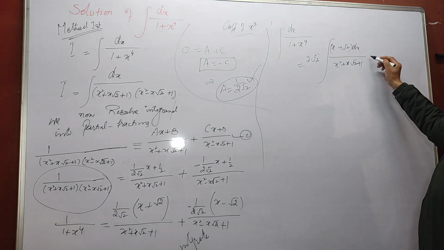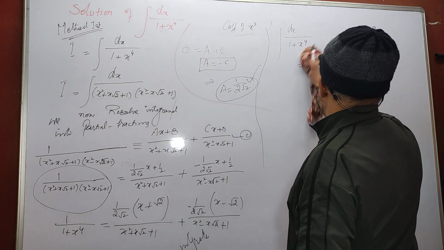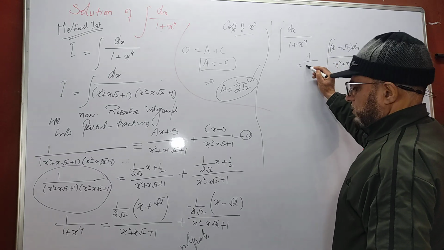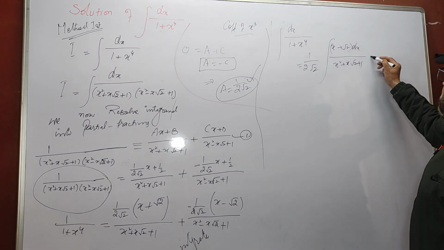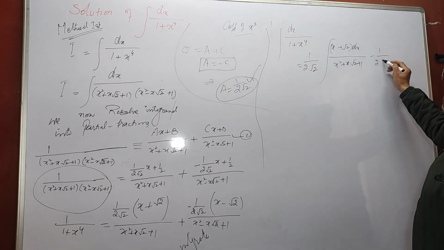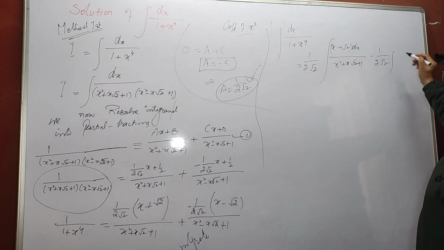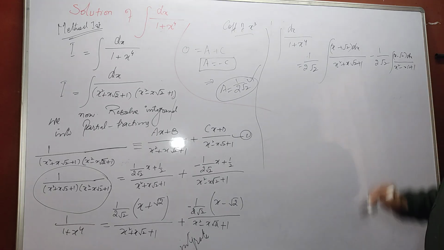There also it is minus 1 upon 2 root 2 times the integral of x minus root 2 dx by x square minus x root 2 plus 1.